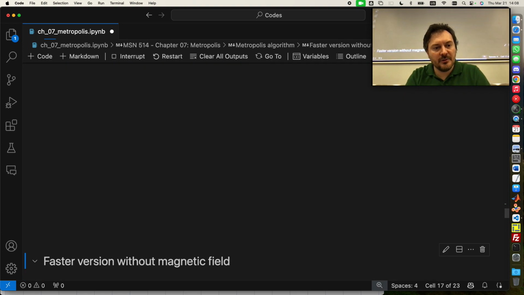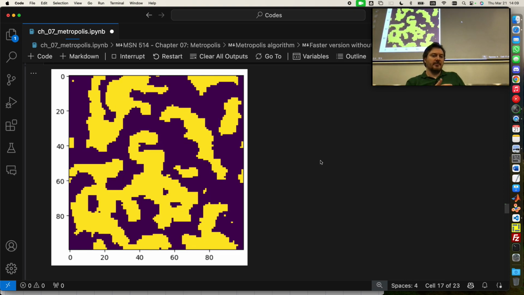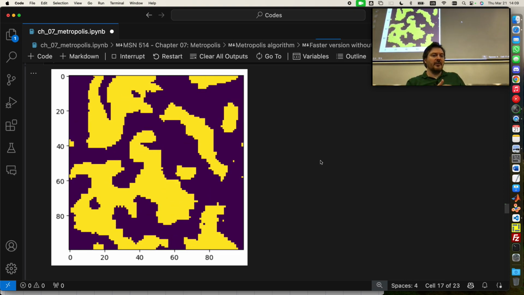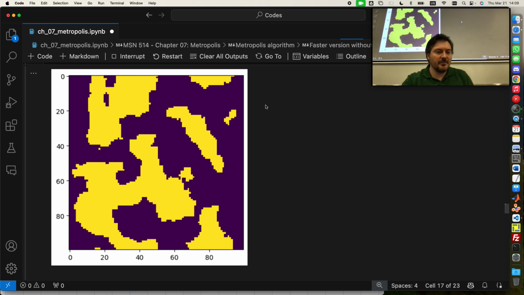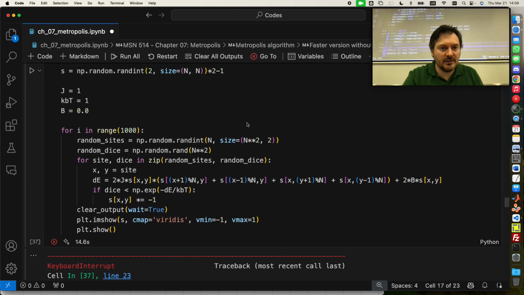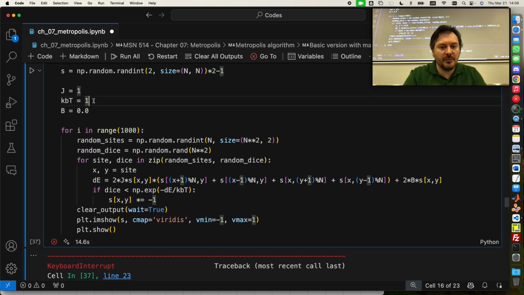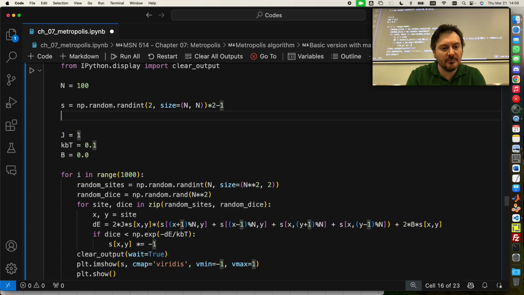So at low temperatures, two-dimensional Ising model looks like this. Okay, if you wait long enough, at very low temperatures, one of these islands will win. Okay, let me show you. Like if this is 0.1, and let me actually cheat and start from ones.